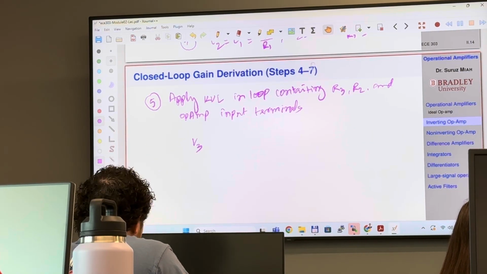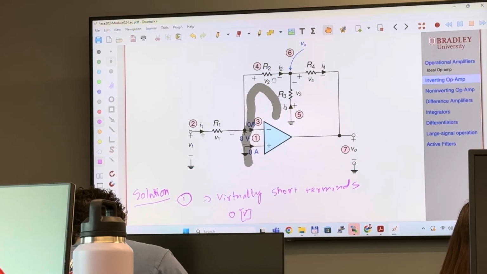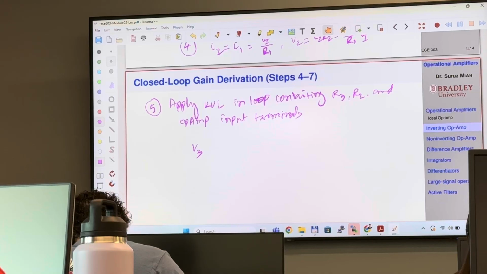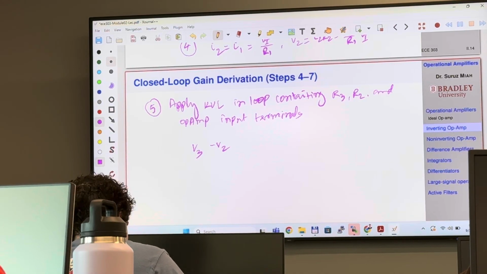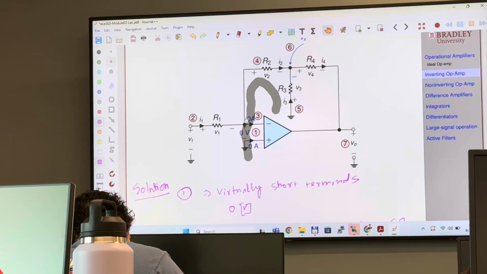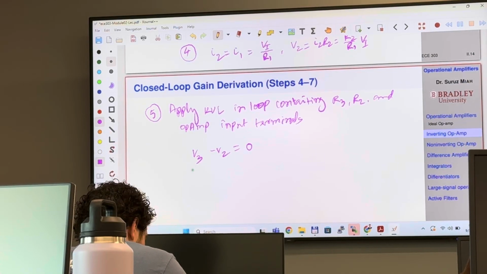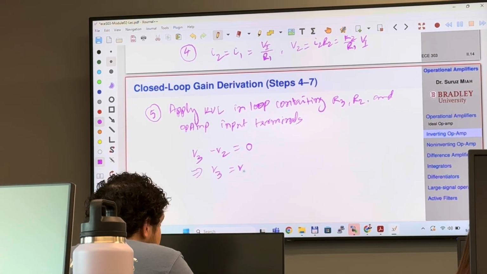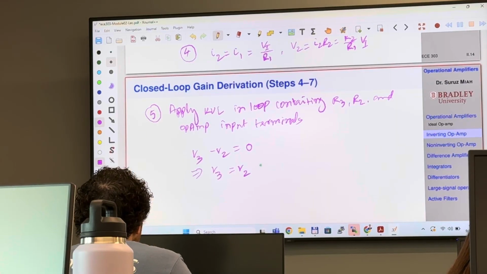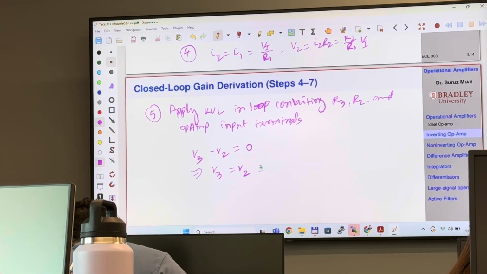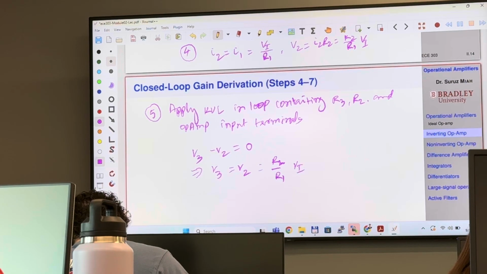Then you come this way, and you see what is the voltage here? V2, right? And you see negative here, so therefore it is negative V2. And then you come right here, you see 0 here, so we don't have to write 0. So V3 minus V2 equals 0. Therefore, don't you think that V3 is simply V2? And we know what V2 is, right? What is V2? We just found it. R2 over R1 times V sub I, right? Okay.